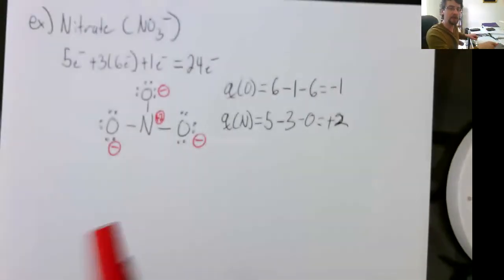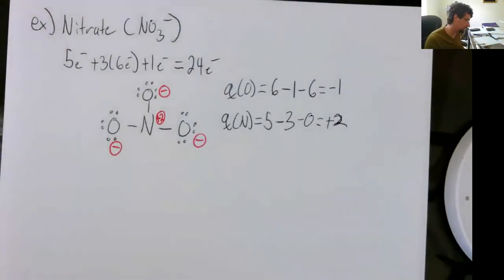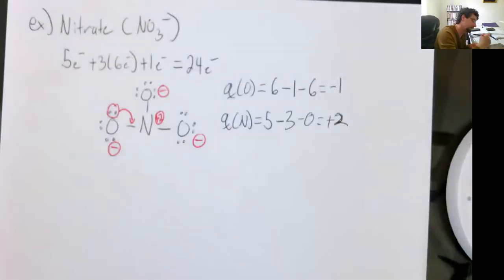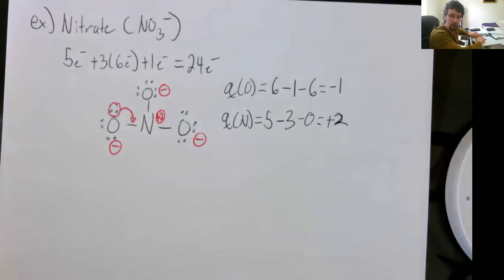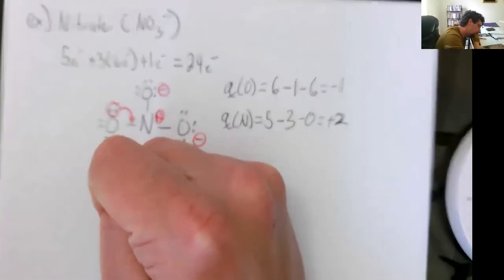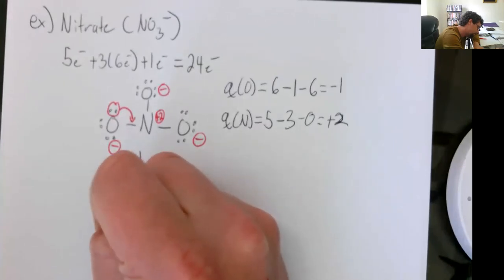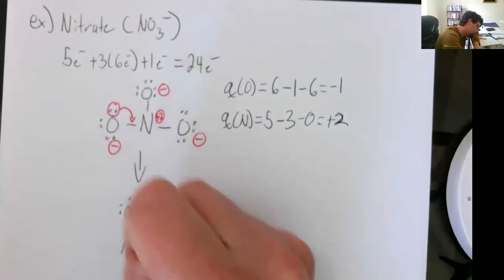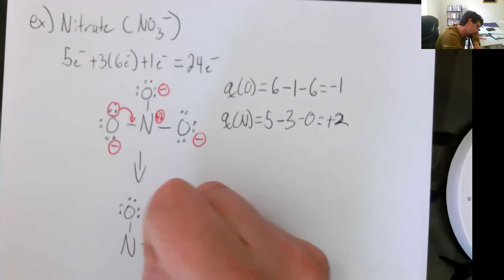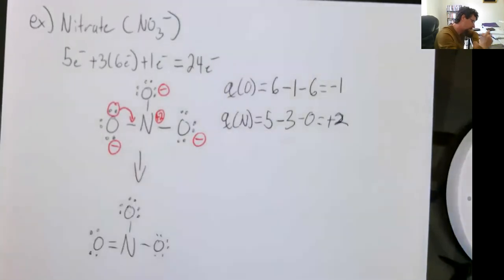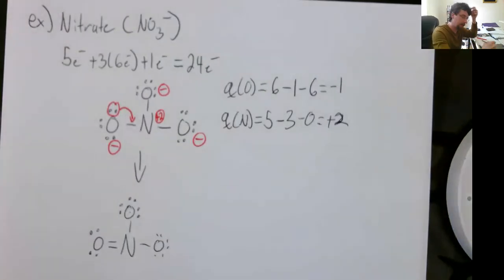In this case, we do have to keep the Octet Rule in mind. So let's just take 1 lone pair on one of those oxygens and swing it down into a double bond, and let's see what we get.